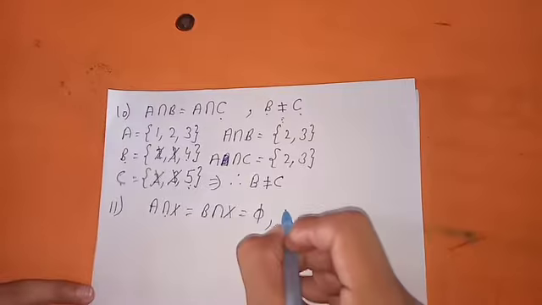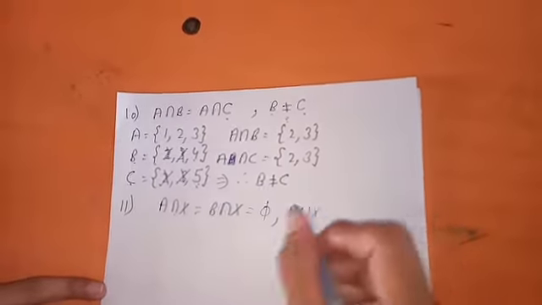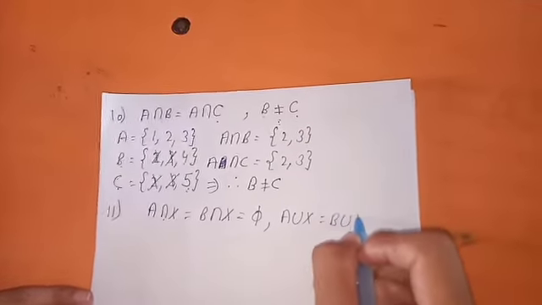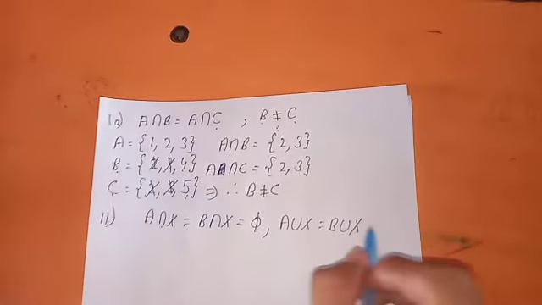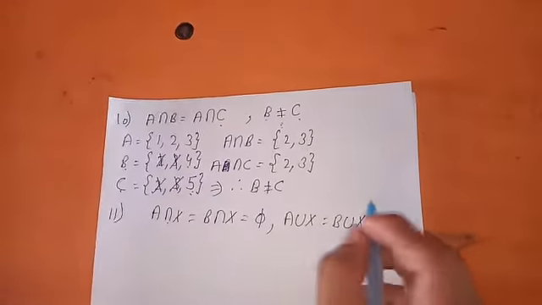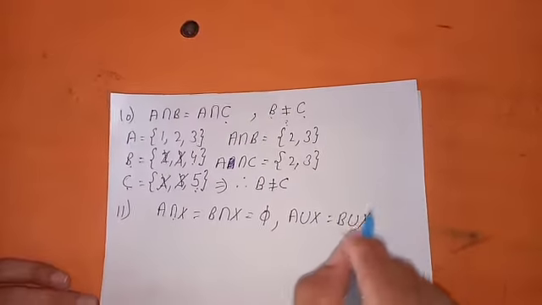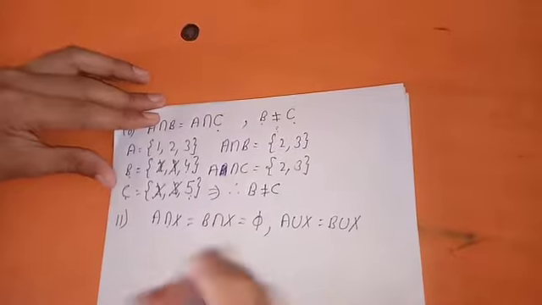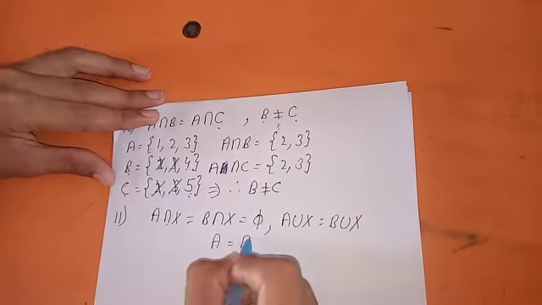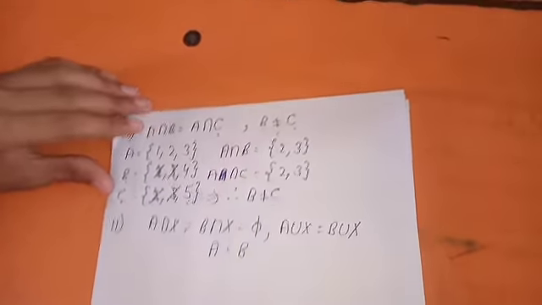And one more thing is given to us, that A union X is equal to B union X. Okay, where X is any set, so we have to show that A is equal to B. A is equal to B we have to prove.